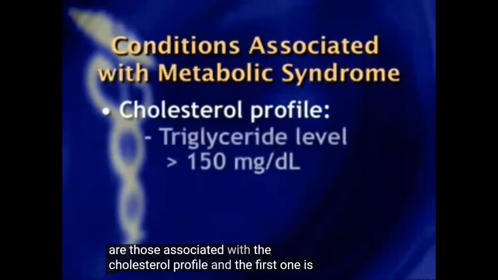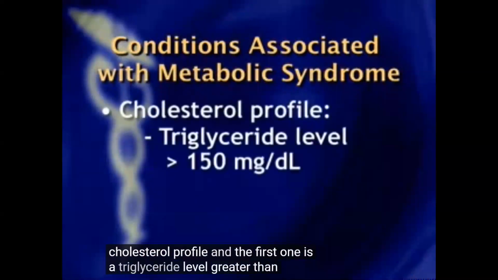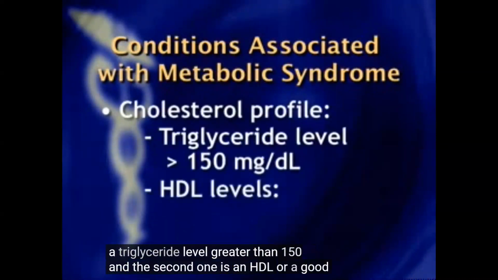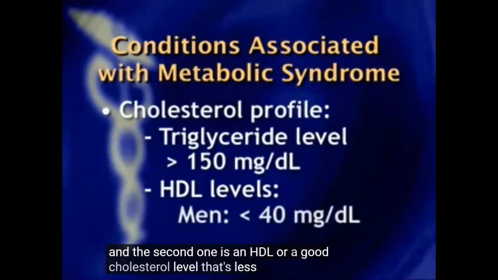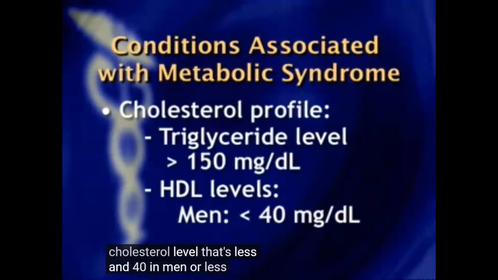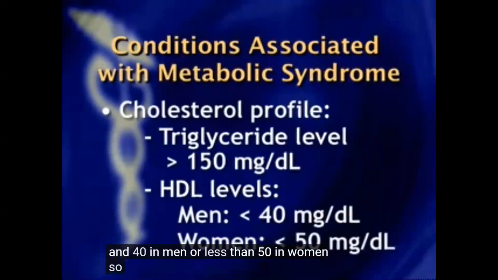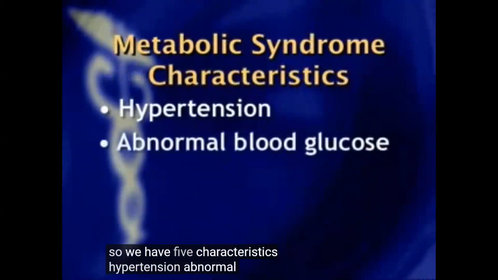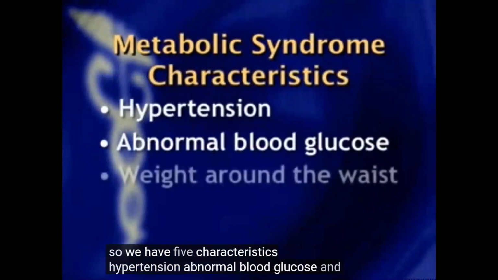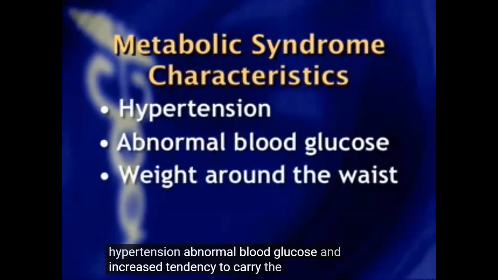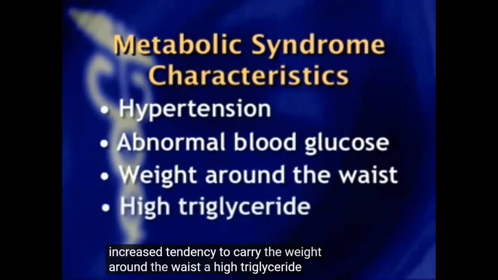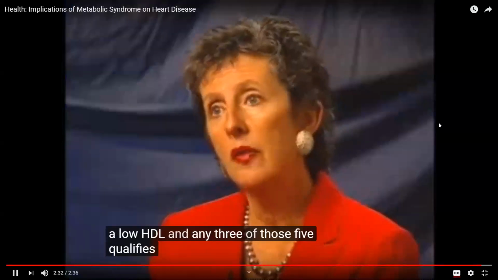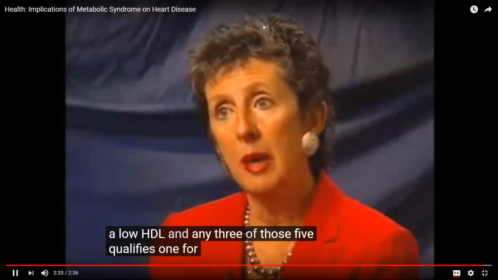And the first one is a triglyceride level greater than 150. And the second one is an HDL or a good cholesterol level that's less than 40 in men or less than 50 in women. So we have 5 characteristics: hypertension, abnormal blood glucose, an increased tendency to carry the weight around the waist, a high triglyceride, and a low HDL. And any 3 of those 5 qualifies one for metabolic syndrome.